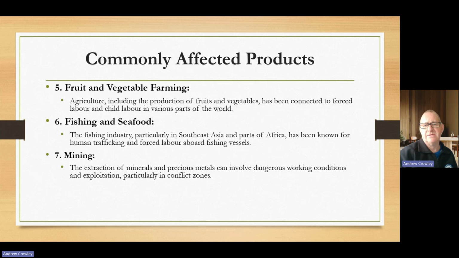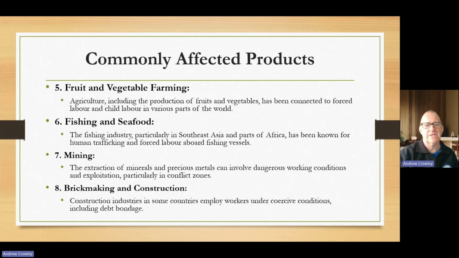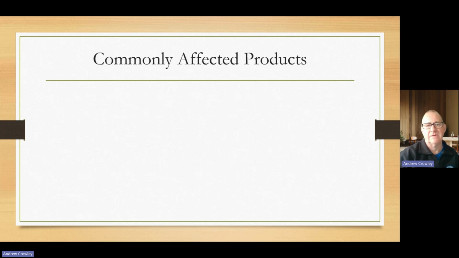They're often done in dangerous working conditions, possibly in conflict zones, and involve the exploitation of usually young people. Brickmaking and construction: it's been known for quite some time that some countries employ workers either under coercive conditions or under debt bondage, for example.